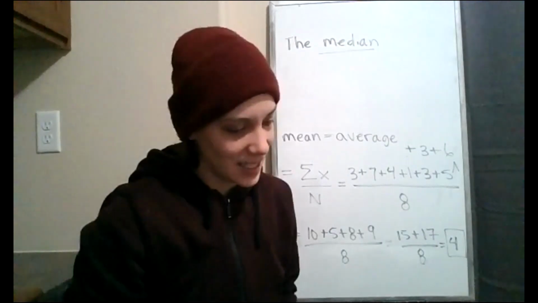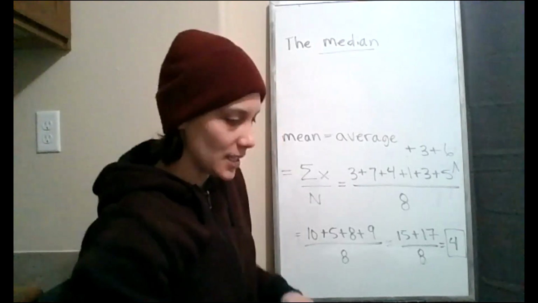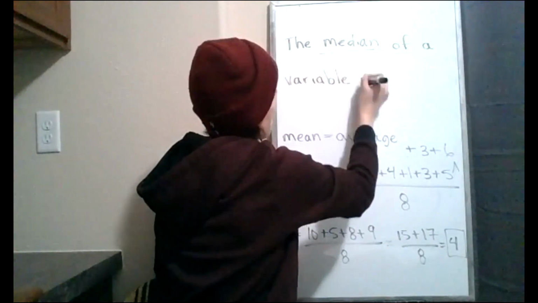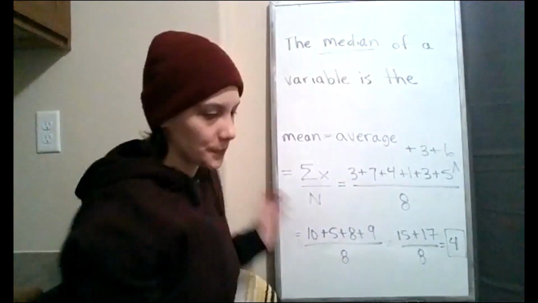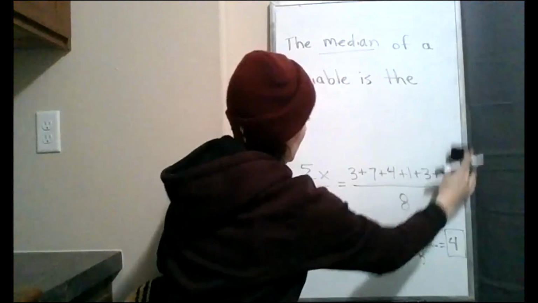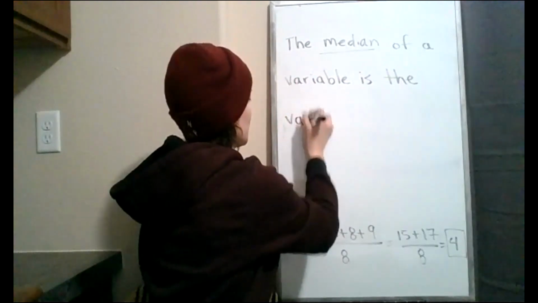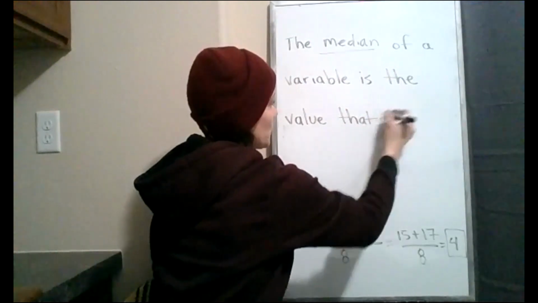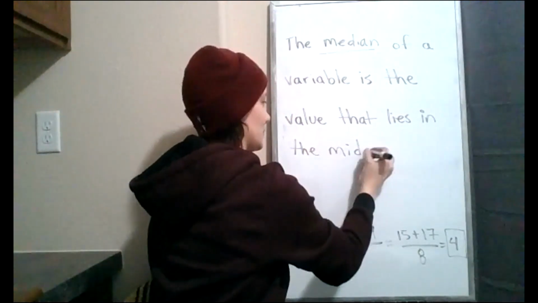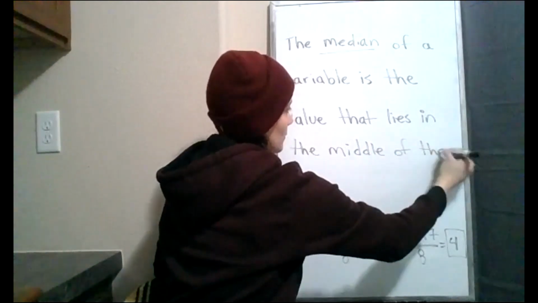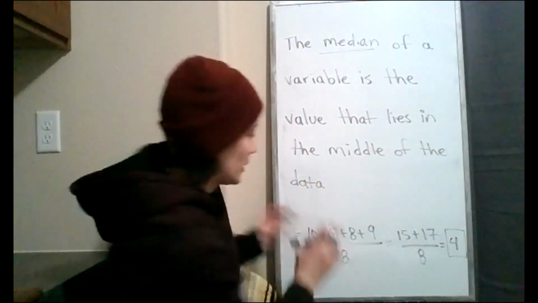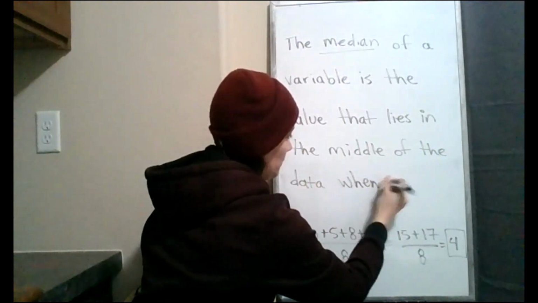The median of a variable is the value that lies in the middle of the data when arranged in increasing order.